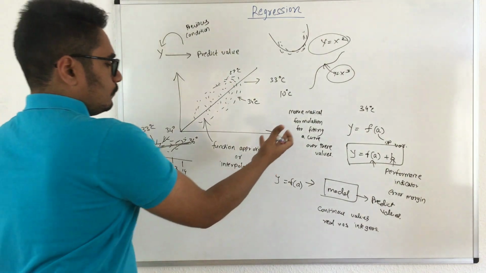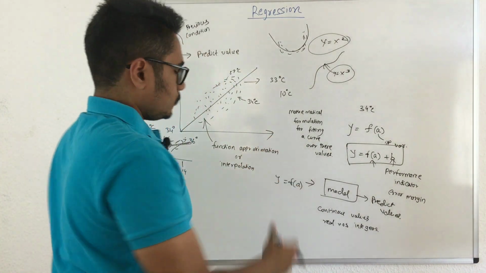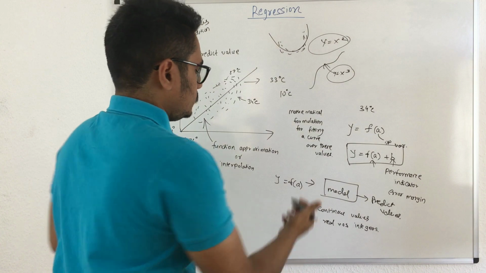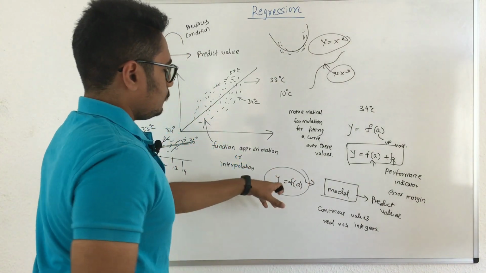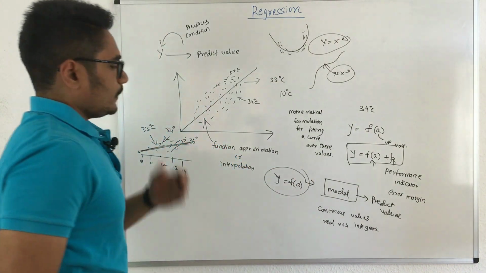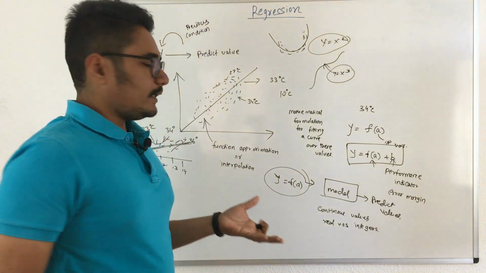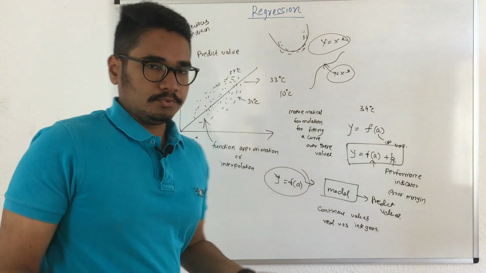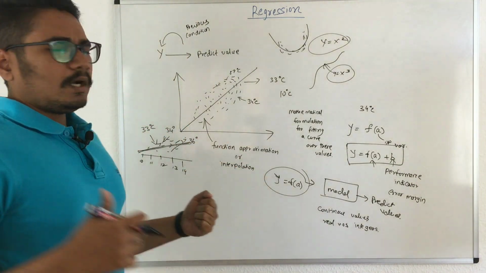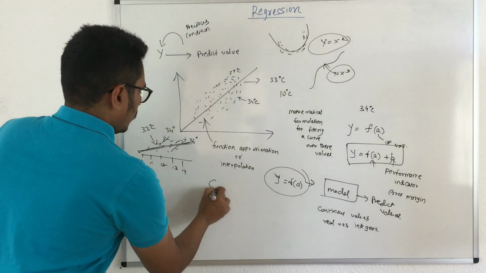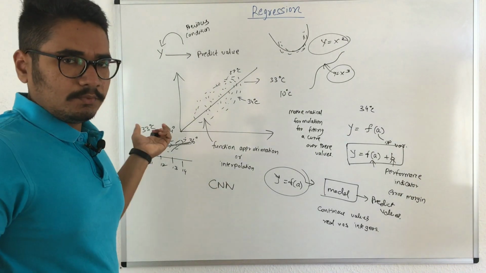Now you understood why we require this function approximation, or what is the need for you to estimate this function, that is y is equal to f of a. Now one question which comes to mind is which algorithm to use for this. Now there are n number of algorithms. You have the CNN, that is the convolutional neural networks.